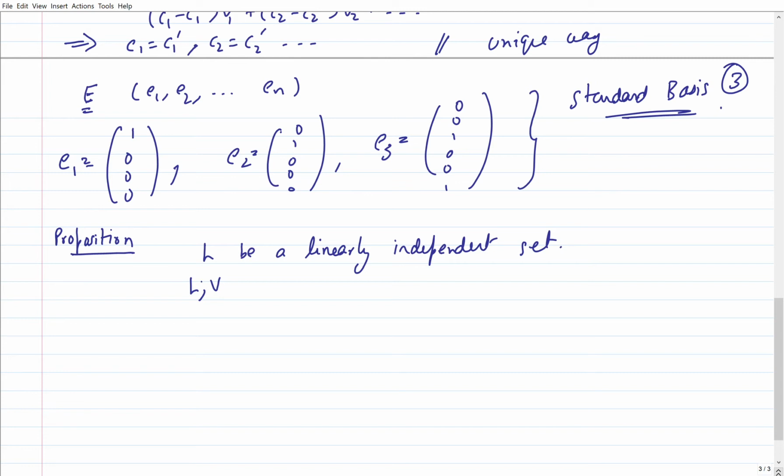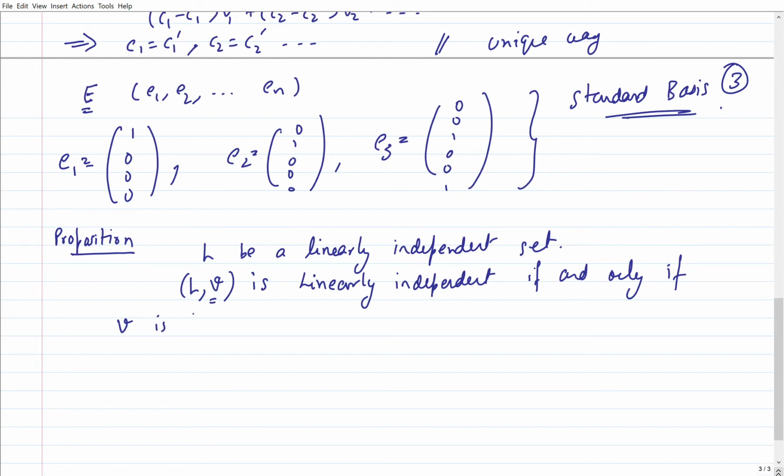LV, just an addition of another vector to L, is linearly independent if and only if V is not in the subspace spanned by L. So that essentially is the idea.